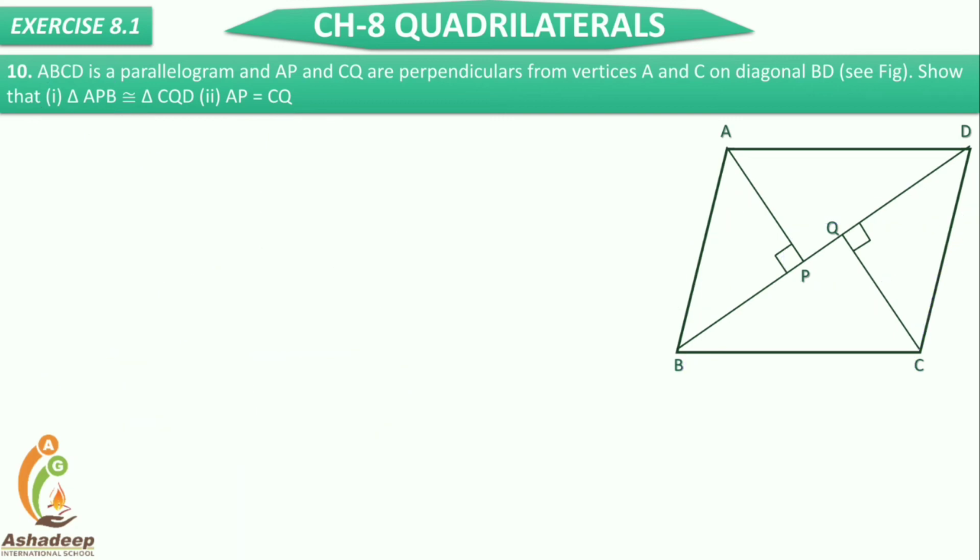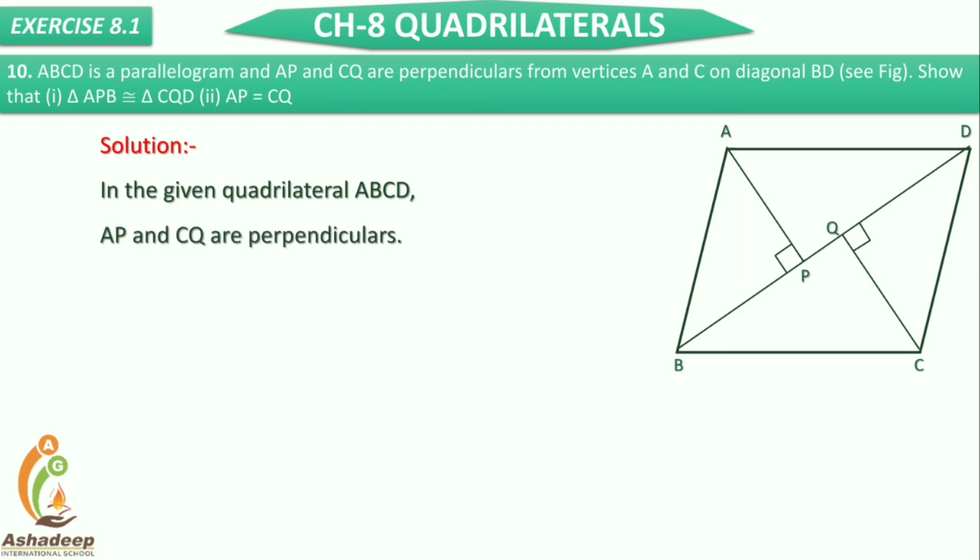Okay, so now let's see. The solution: given quadrilateral ABCD, AP and CQ are the perpendiculars in the triangle APB and in the triangle CQD.